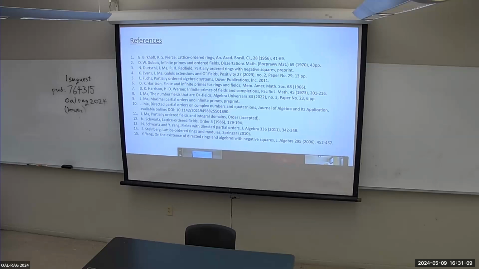For example, for any ring, if it is strongly Archimedean, then it must be an f-ring, because every positive element will be less than a positive integer.